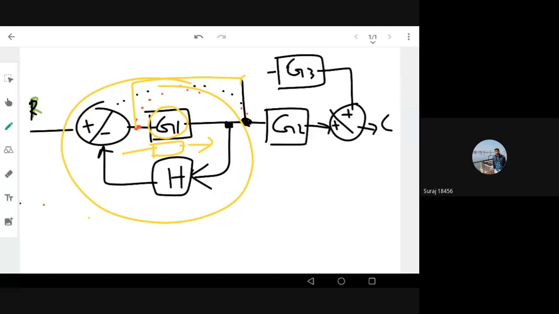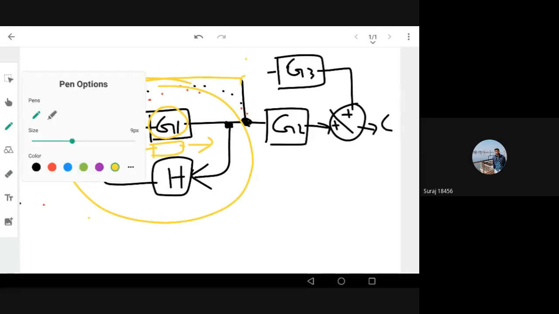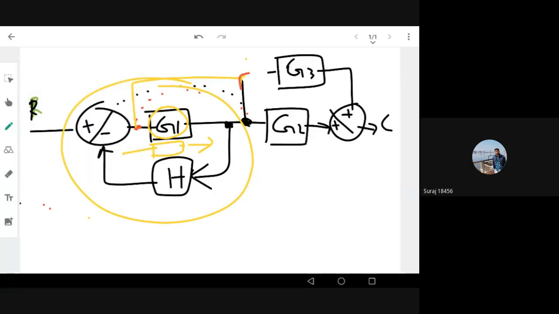I need to have a 1 by G1 here, right? I think you're getting what I'm saying, right? Because we have moved the branching point to the right, so that the feedback path is free from any of these complications, right?